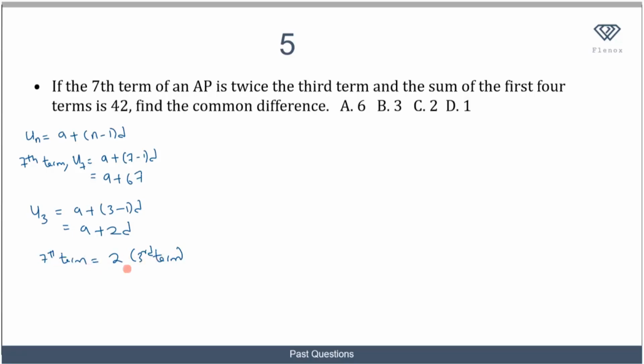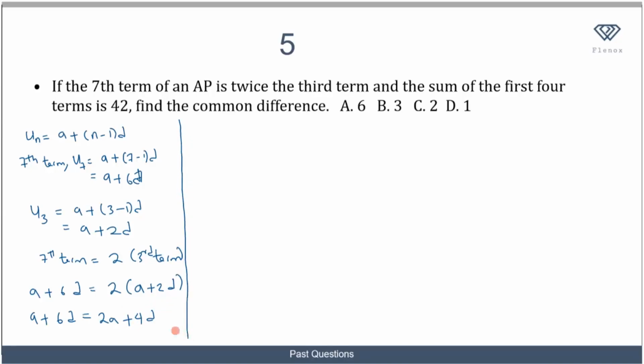So we can substitute the value of the seventh term and the third term. So I know that the seventh term is what? A plus 6D is equal to twice the value of the third term, which is what? A plus 2D. So I can expand this. I have A plus 6D is equal to 2 times A is 2A, 2 times 2 is 4D.